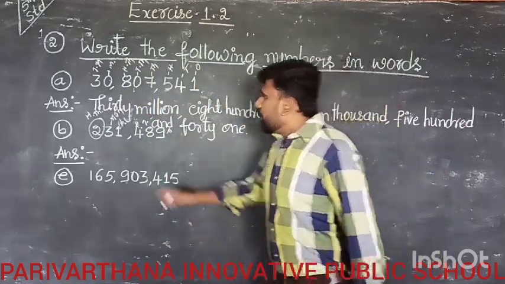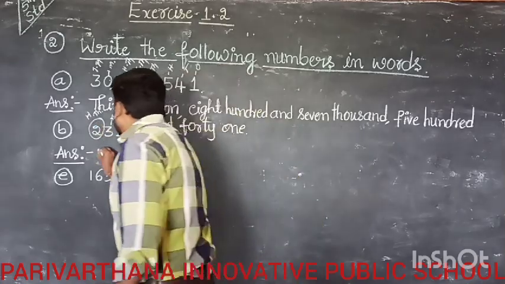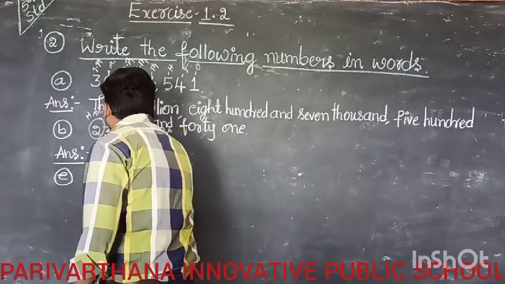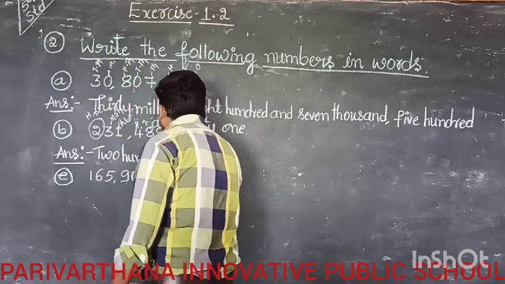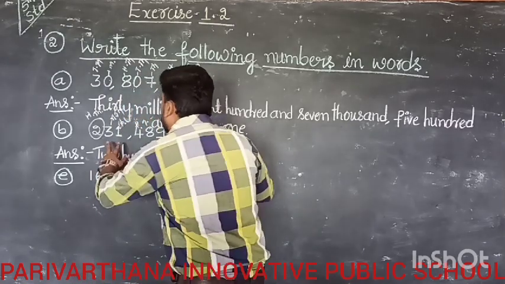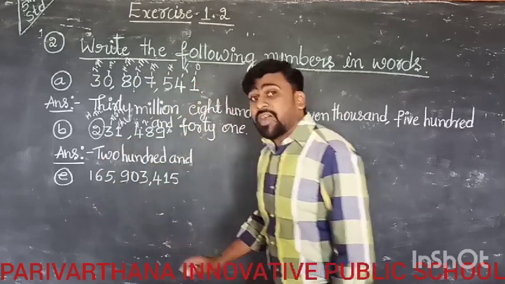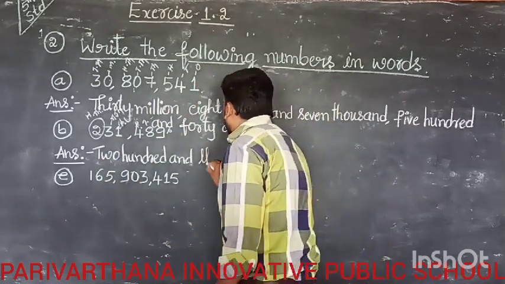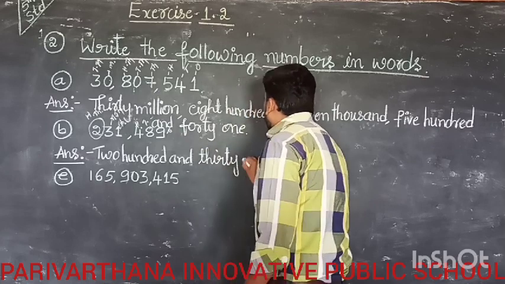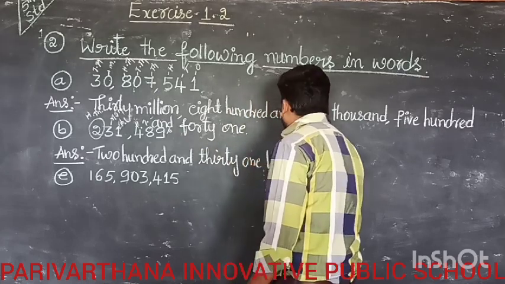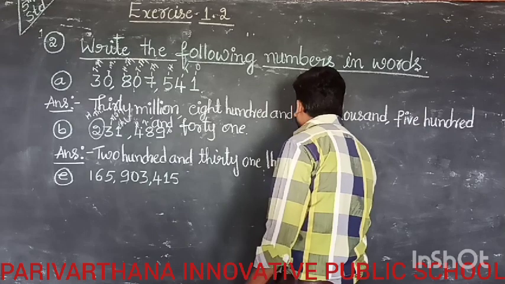How to read? 200, and these two together 31,000. 200 and 31,000. Finish.